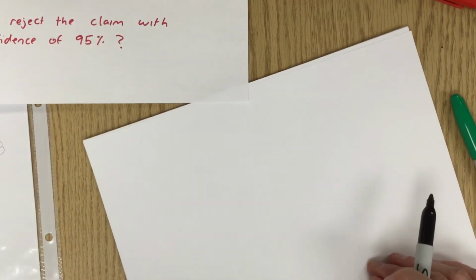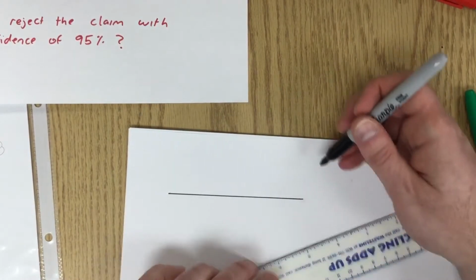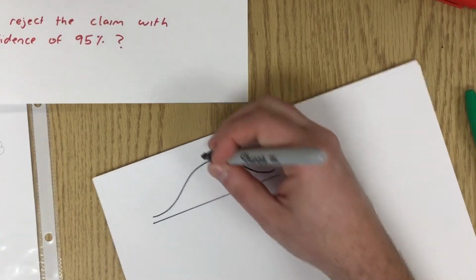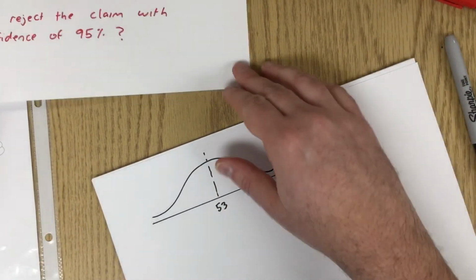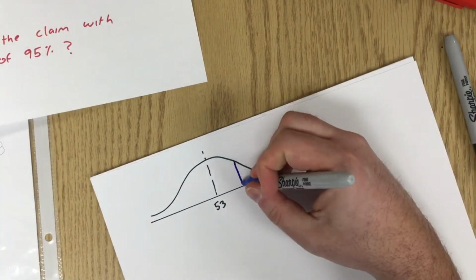Okay. So what do we suspect? Let's draw this over here. Our mean is 53. Our experiment was 55.